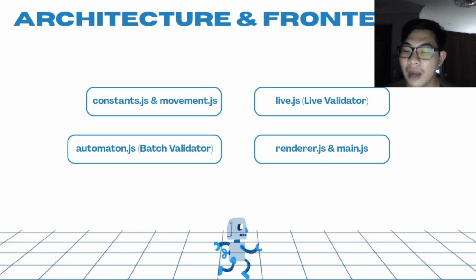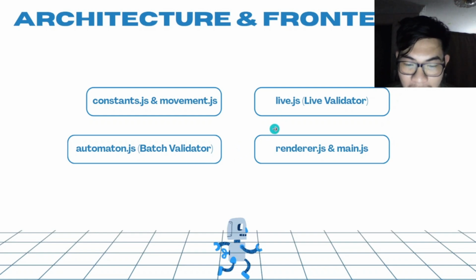The validation system uses an automaton as our batch validator. When a user types a full sequence of commands, it walks through the whole sequence and collects all the errors at once.